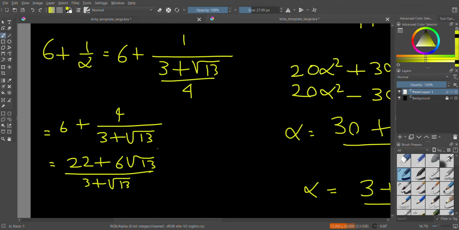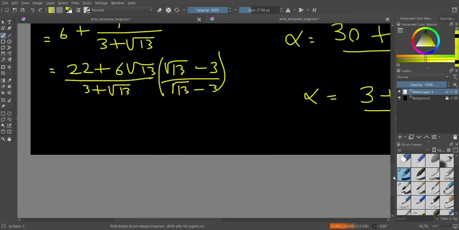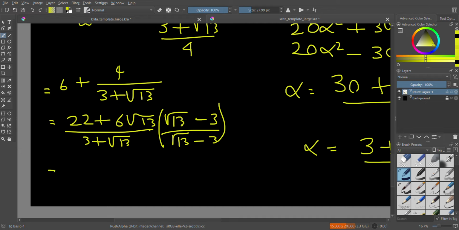And when you multiply through, and let's do it this way, when you multiply all this through, and here we have a little bit of space, you get negative 3 times 22 plus 6 times 13, and this is 78 minus 66, which equals 12.